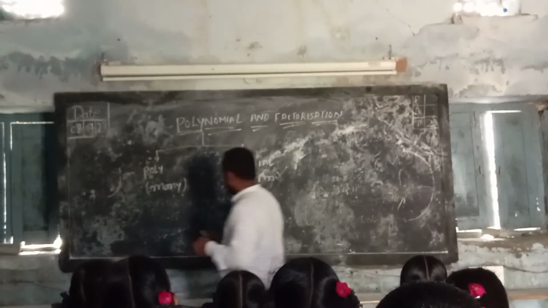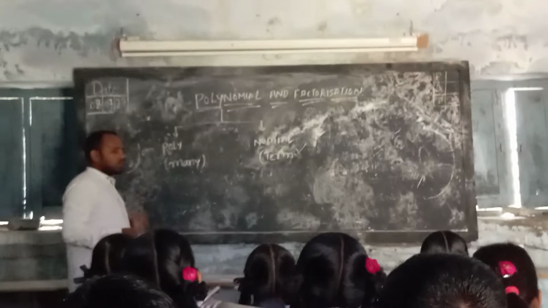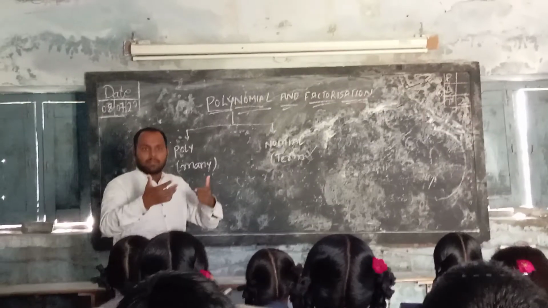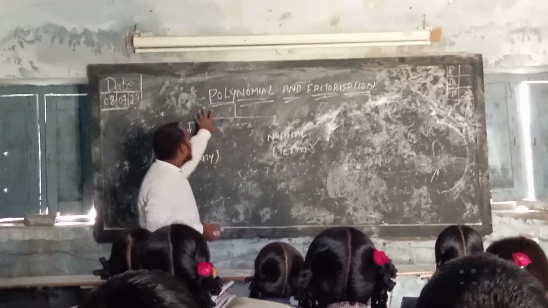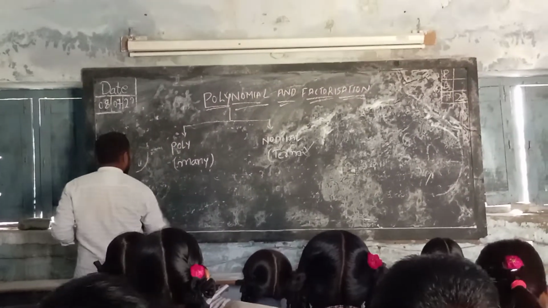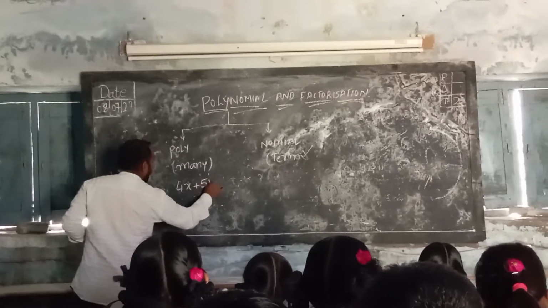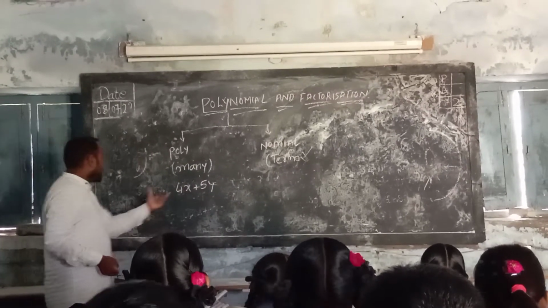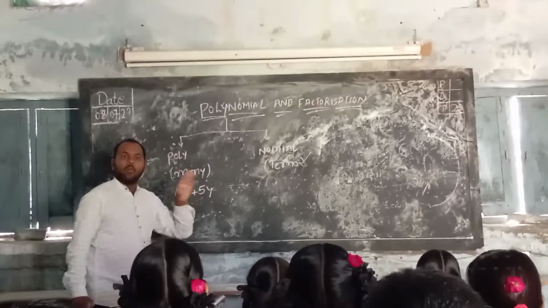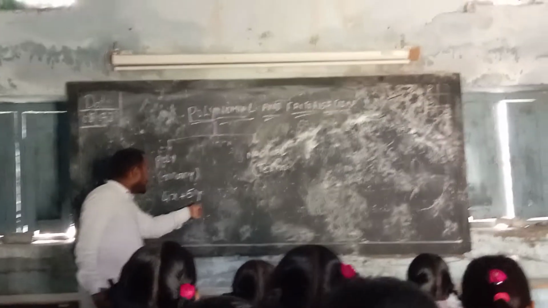Now we will talk about polynomials. Polynomial means many terms, I said, no? Let's see how. Take 4x plus 5y. In this expression, how many variables do we have? Two variables, x and y.